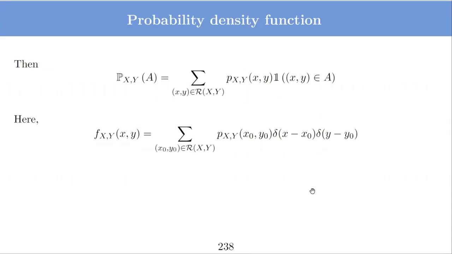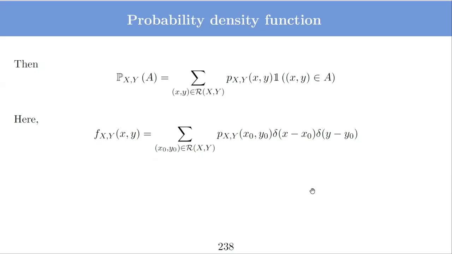Then for any set A, if I know the PMF, I can say the probability that (X, Y) belongs to this set A: I will sum over all the range of these random variables, and include the probabilities corresponding to those pairs which belong to A.